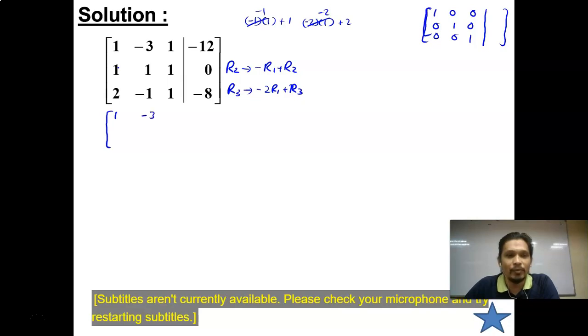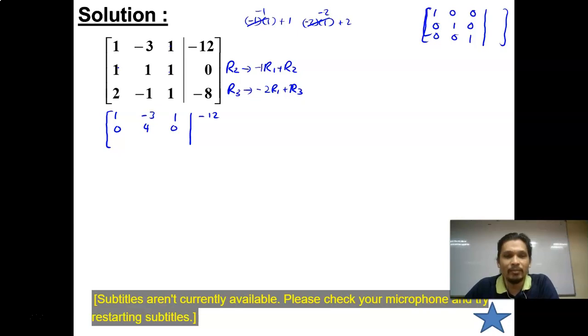1, negative 3, 1, negative 12, and 0. Negative R1: negative 1 multiplied with negative 3 equals 3. 3 plus 1 equals 4. Negative 1 times R1, negative 1 times 1 is negative 1, and negative 1 plus 1 equals 0.